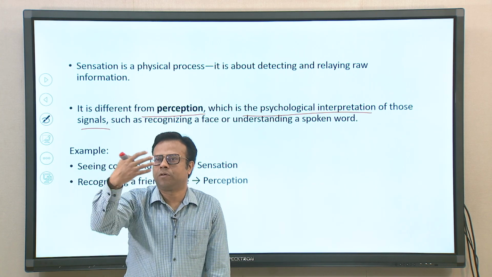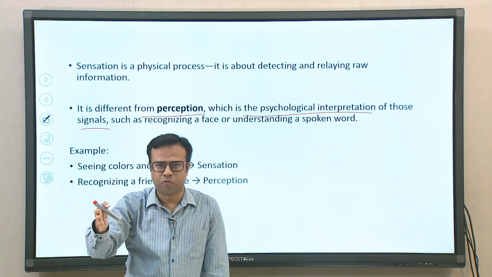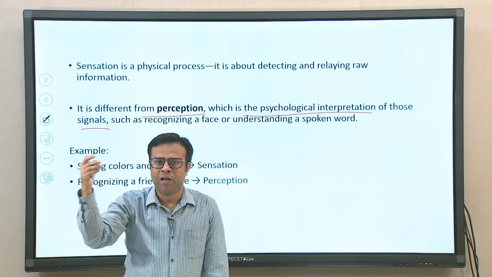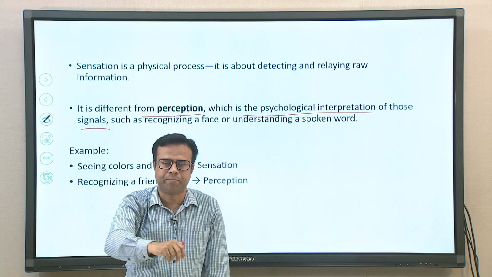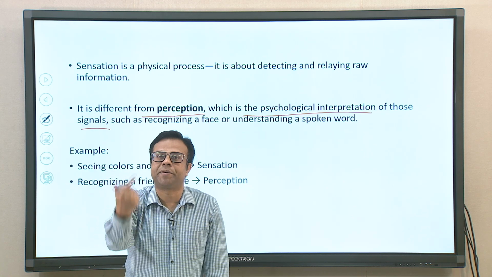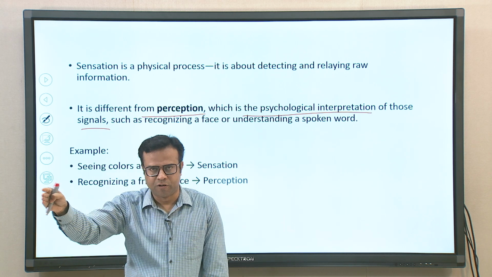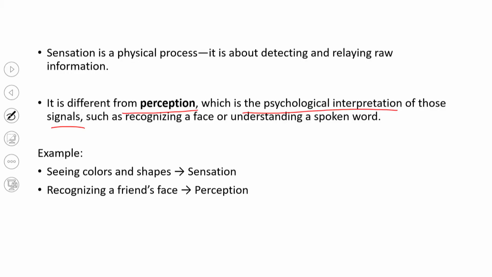For example, light comes to your eyes, you see whatever is in front of you and detect that there are some objects. But then you interpret this object as a face, a table or a chair. That is an interpretation, and that is called perception. So it is one step ahead of sensation. From sensation, perception happens. For example, you see color and shapes, that is the sensation, but then you recognize these colors and shapes as someone's face.